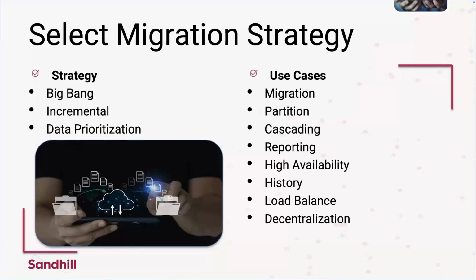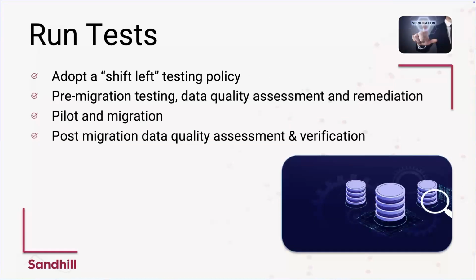So the last thing we need to do is, of course, validate that the information that we moved over is at least equal to, but you would hope better than the system it came from. So there's different ways to look at this, but what you're really looking at is to get your testers involved early. This is what is called a shift left testing policy.